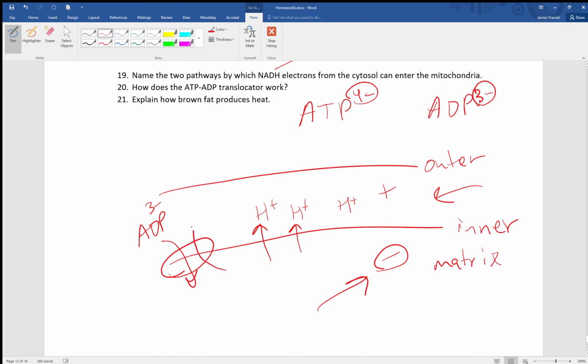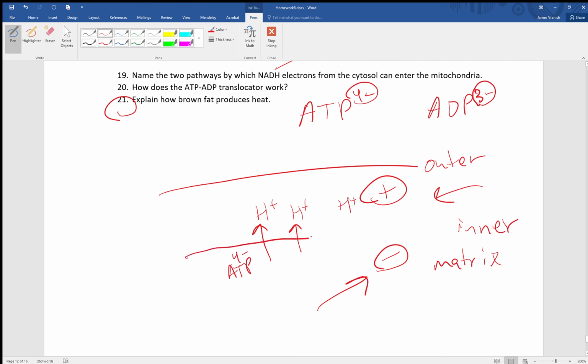But for ATP to be able to leave is extremely favorable because it has a net charge of 4 minus, a very negative charge, and it's going to a very positive area in the inner membrane space. So the thermodynamically favorable movement of ATP into the inner membrane space drives the thermodynamically unfavorable movement of ADP into the matrix. All right, now question 21 here asks how brown fat produces heat.